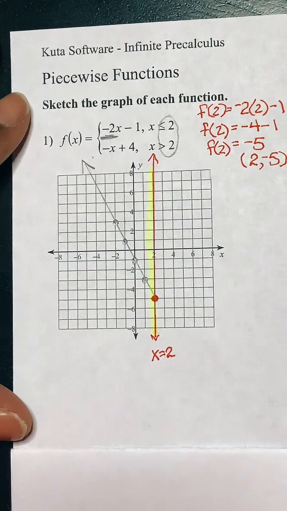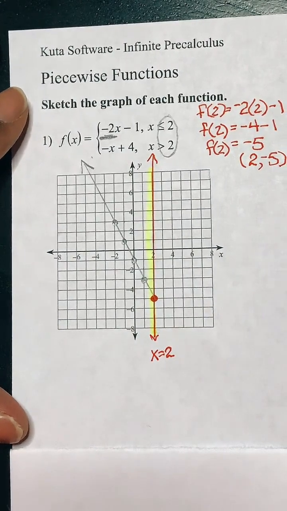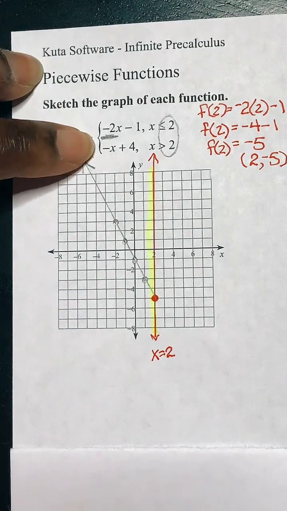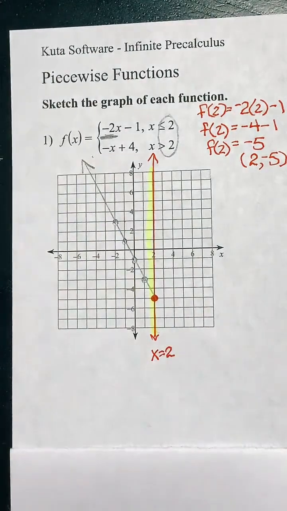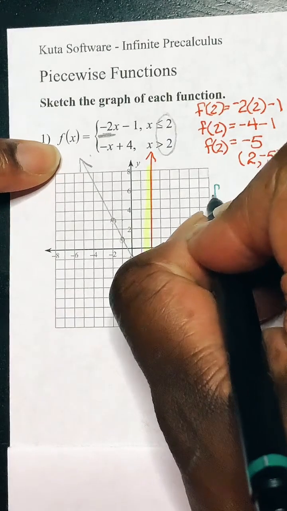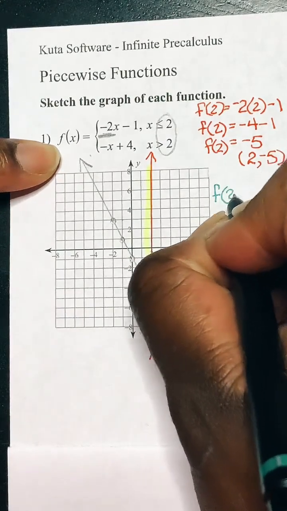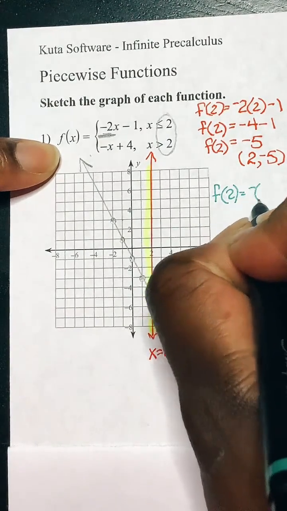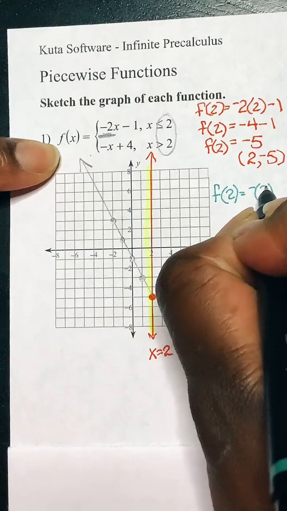So now we have the second expression. I'm picking colors that you guys are going to be going blind to see. So if I wanted to go the f of 2, but this time we're substituting the 2 for the x.